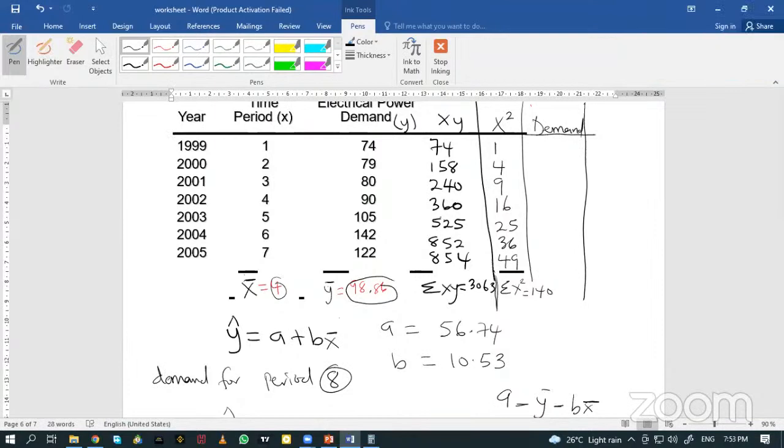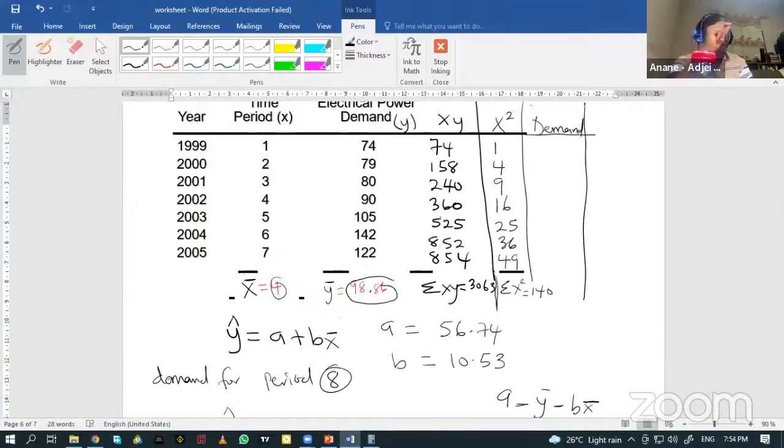Okay, I understand. Thank you very much, sir. So everything we did here were things that the formula was requiring from us. Anything that doesn't require that we input into the formula, there's no need to do it.